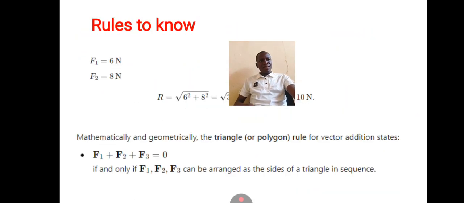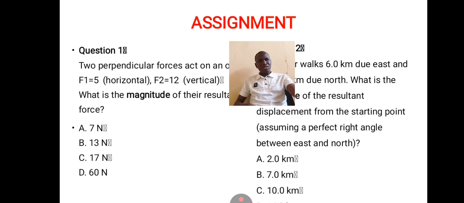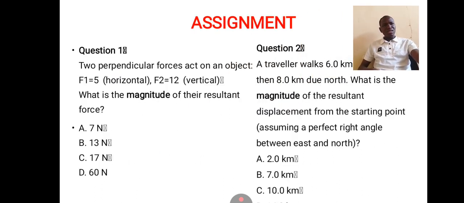Okay, I think now I have an assignment for you. I have an assignment for my students. Now let me explain this assignment before you go and do it. It's objective, so you can do it. So the first question says, two perpendicular forces act on an object.